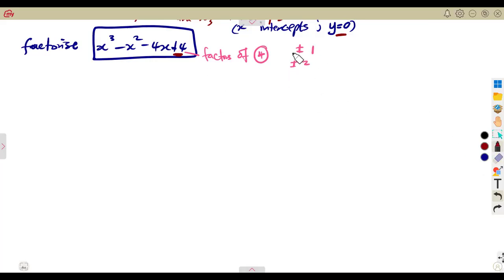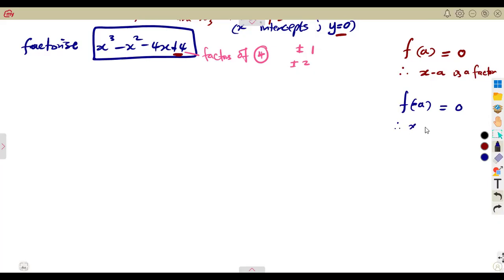What is the case of these numbers? Remember, you must substitute a number into the function. If you substitute x being a into the function and you obtain a 0, it follows that x minus a is a factor. Remember the concept. Same way, if you substitute a negative, f of minus a, and you obtain a 0, what does it mean?